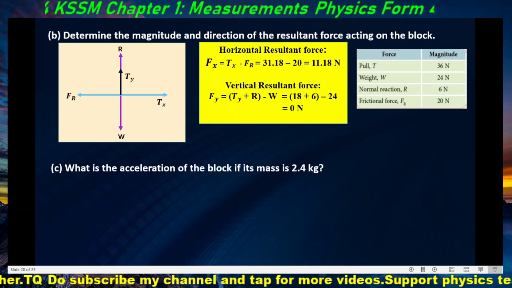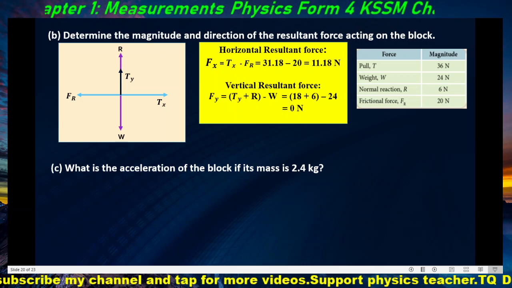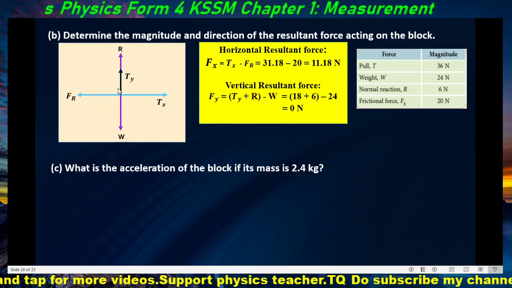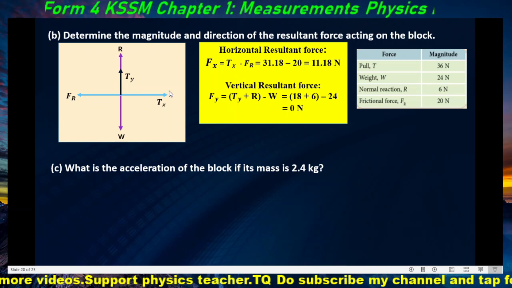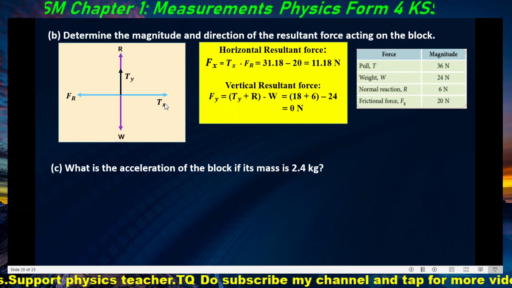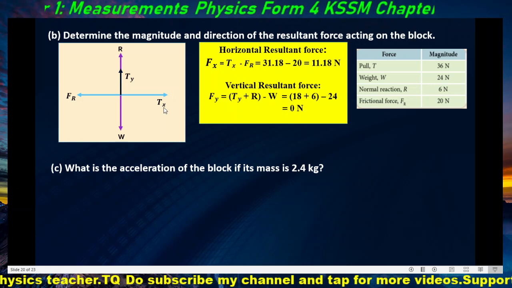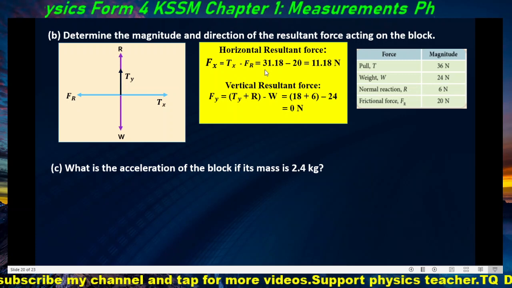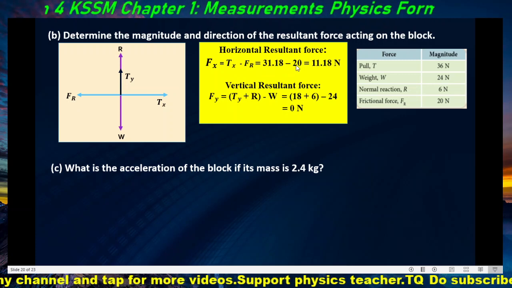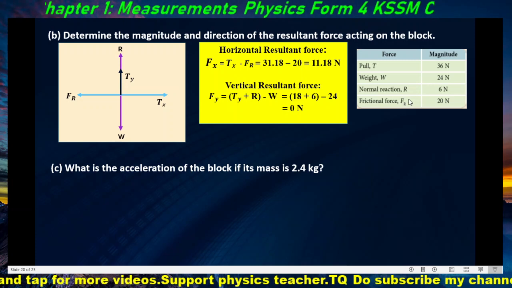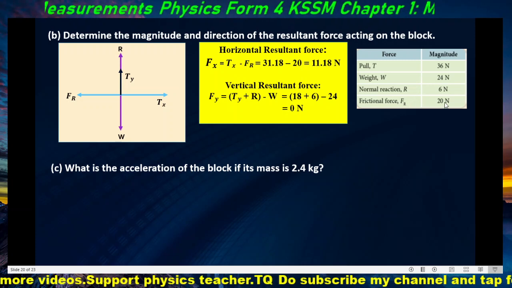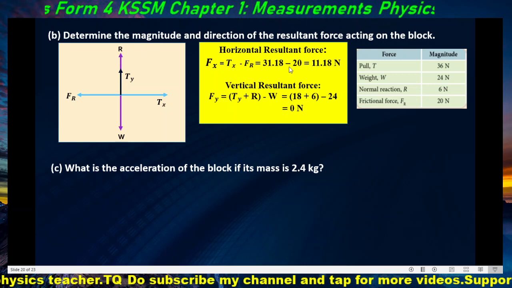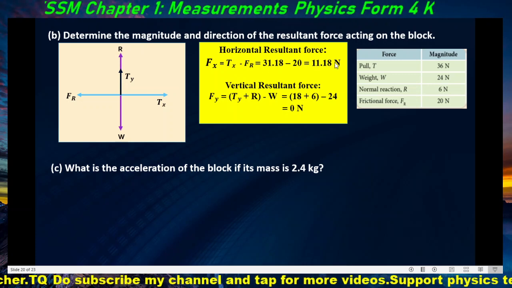So the resultant force to the right, we put it as Fx equals to, we take direction to the right as positive, thus resultant force equals to Tx minus Fr. Fr is given, 20 Newton. The value of Tx calculated from part A, so we get 31.18 minus 20, which is 11.18 Newton.